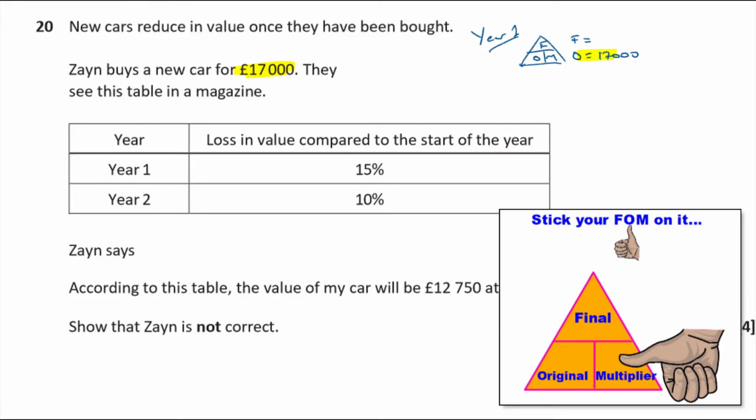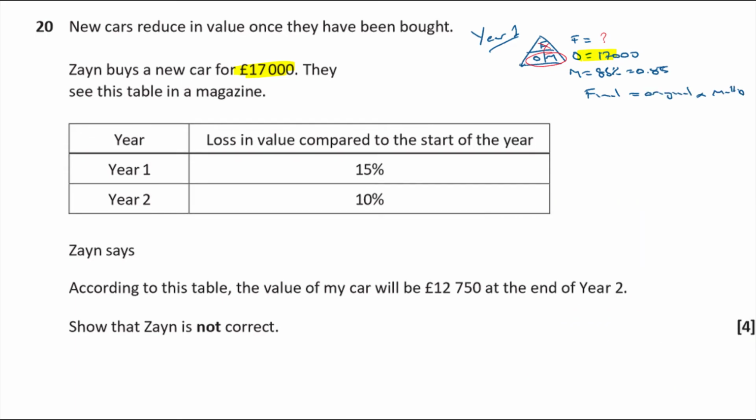And then the multiplier is the amount that it's going to go down by. So if you start with 100% and it loses 15% of its value, that leaves you with 85%, which is 0.85 as a multiplier. So final equals original times multiplier.